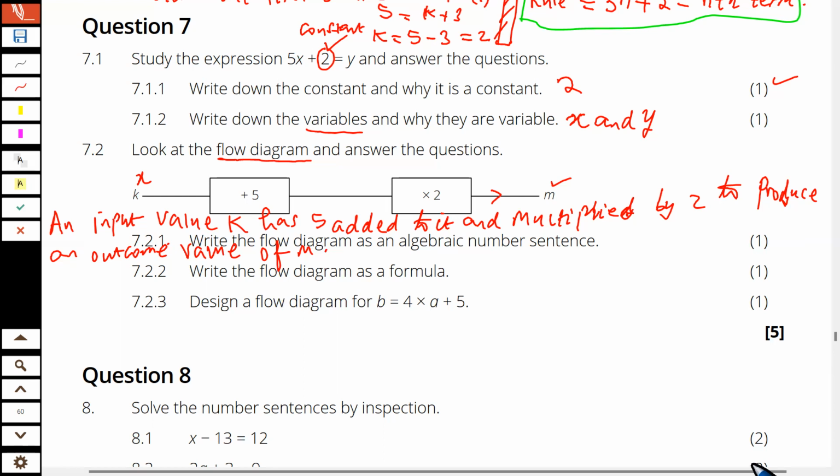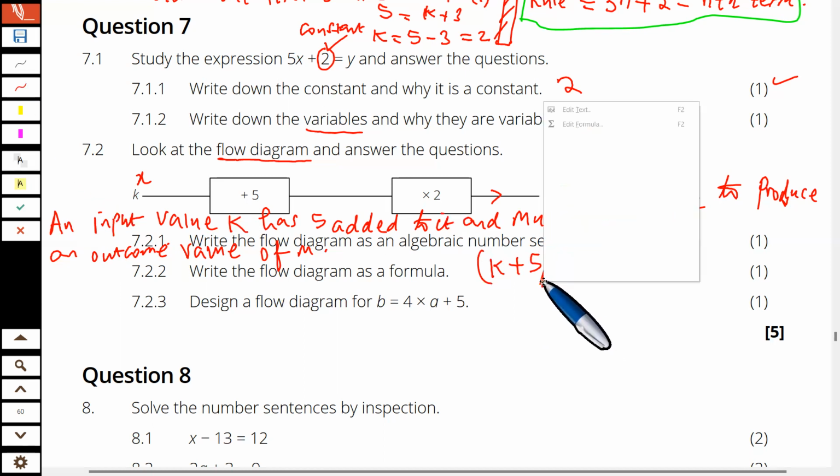Okay, so is the formula K added by 5 and multiplied by 2? Okay, yeah. So give me the formula, please. K added by 5 multiplied by 2 equals M. Did you say K, right? So we write K. 5 is added to it and multiplied by 2. Is that what you're saying? Yes. Okay, let's just look at this.